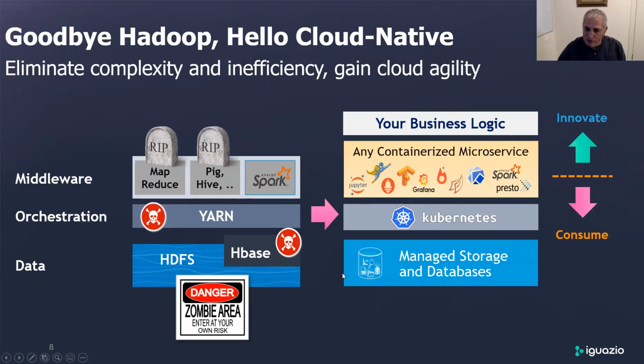storage and databases. And this is where you have assets from both Dell and Iguazio. Iguazio has managed databases, and Dell brings a lot of different solutions for managed storage: Isilon, ECS, and other products.